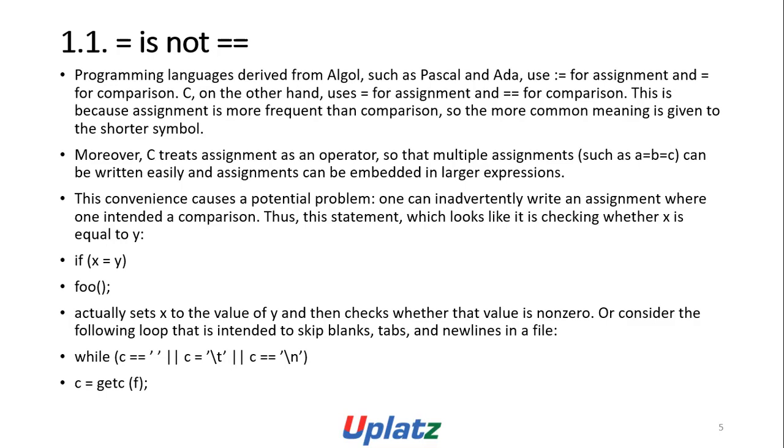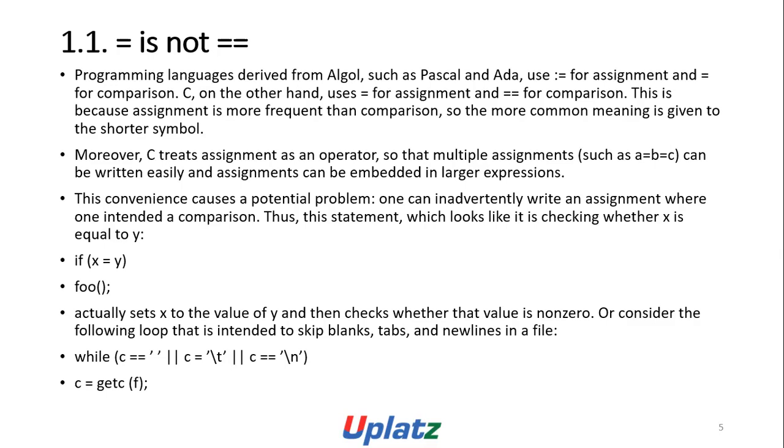This convenience causes a potential problem: one can inadvertently write an assignment where one intended a comparison. Thus, the statement if (x = y) looks like it is checking whether x is equal to y. In fact, it actually sets x to the value of y and then checks whether that value is non-zero.